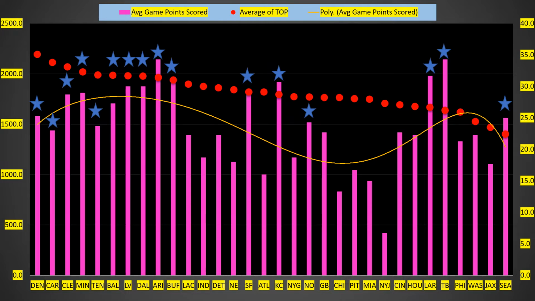So if you figure who's had the toughest 3 weeks as far as this metric, Seattle, Tampa Bay, and the Rams have had it the toughest of the 3 weeks. Okay, so I think that's kind of interesting.